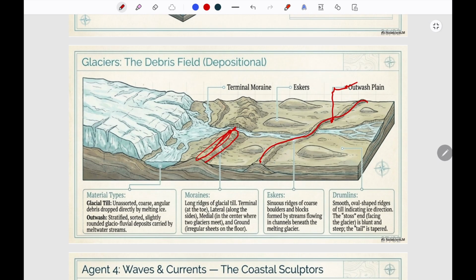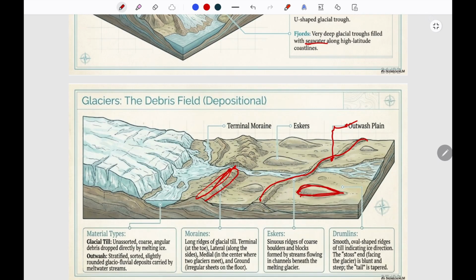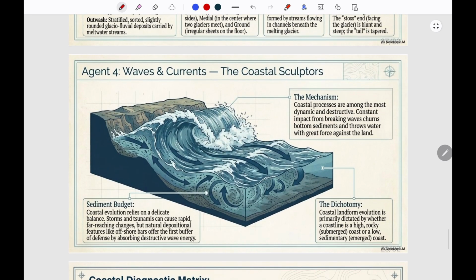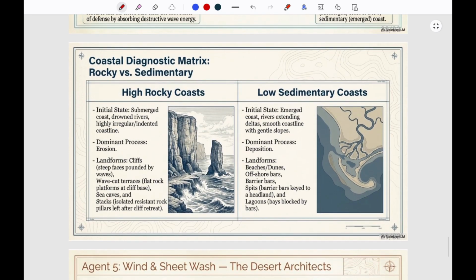Like the drumlins. Drumlins are oval-shaped ridges like this. Now comes the waves and ocean currents. Coastal areas which have hard rocks and high rocky structures, there the erosional processes are dominant, and landforms like cliffs, wave-cut terraces, sea caves, stacks, stumps, these types of landforms are dominant.